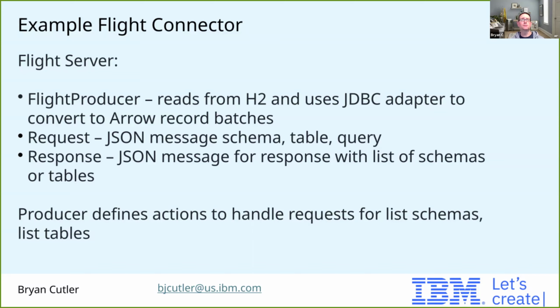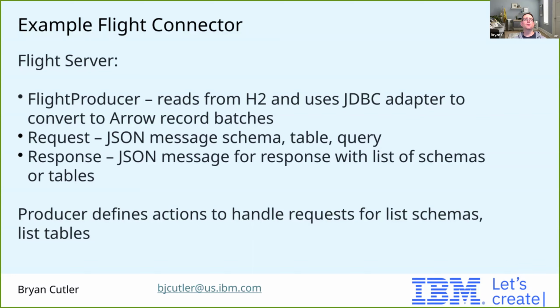The basics of this is a simple flight service that has a producer that reads from a local H2 database, using the Apache Arrow based JDBC adapter to read from the database and convert the data into Arrow record batches.